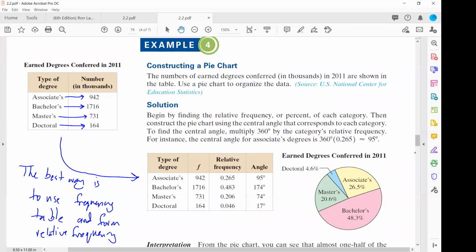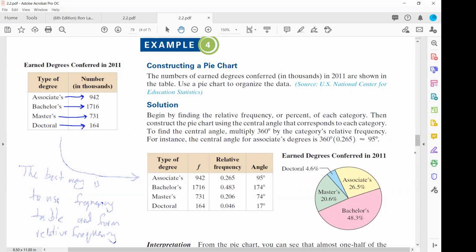Remember that to form your relative frequency, you have to find the total frequency. The total frequency is the sum of all frequencies. So to form relative frequency, we need to add all of these counts, all of these frequencies, first.